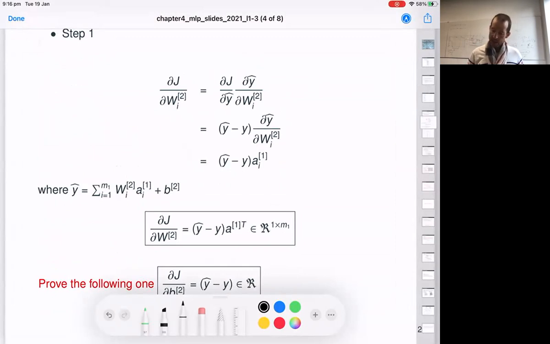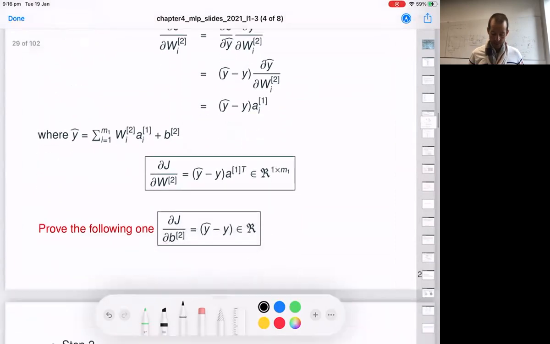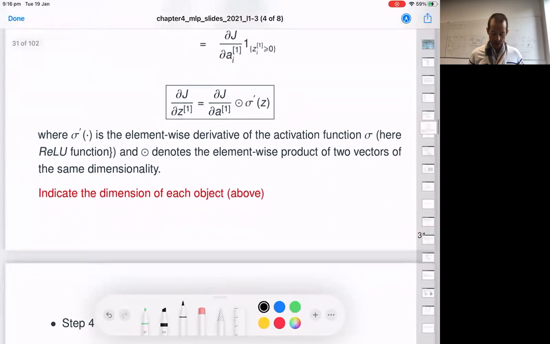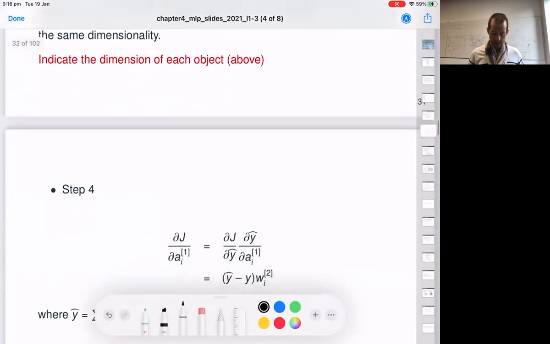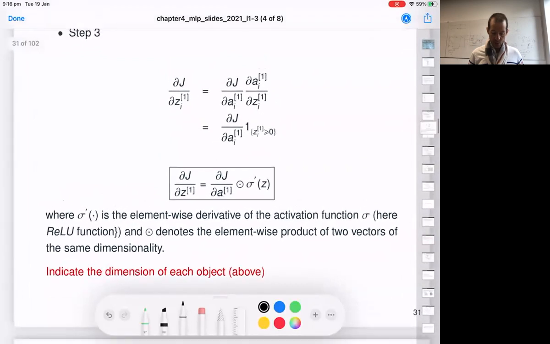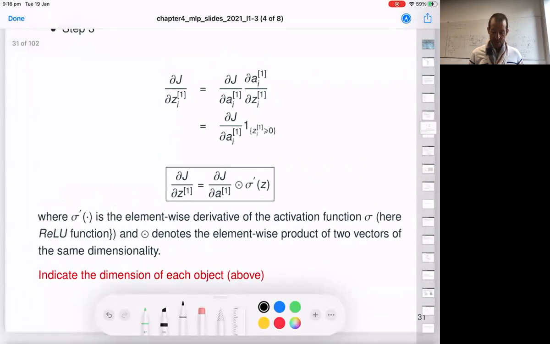So try to do this, and tomorrow if you have some question, or if I put some typo on this, you can tell me. I will not go through all of this in the question, and I suggest that each time you do the derivation or any of these steps, you try to indicate the dimension of each object. It will help you.